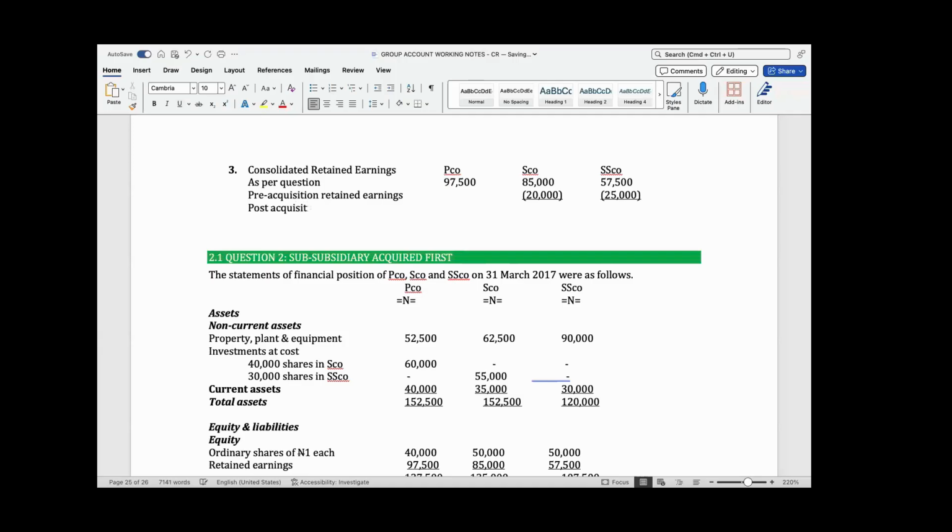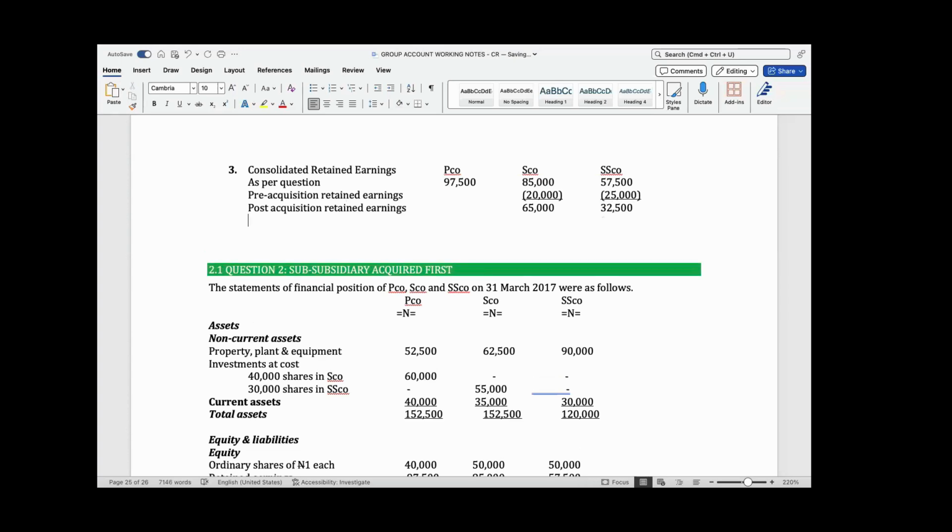Post-acquisition retained earnings here is 65. And how much do we have here? Is this correct? It's correct, sir. 32,500.